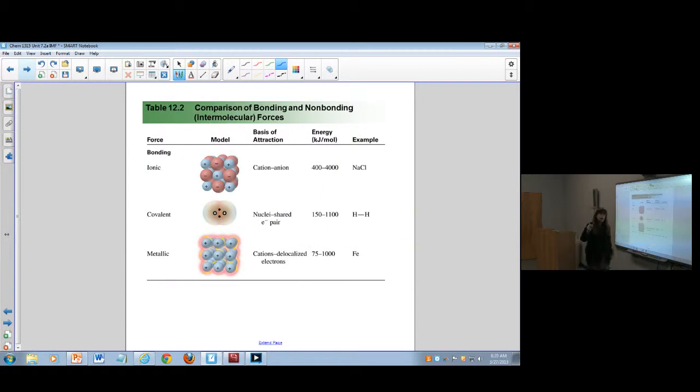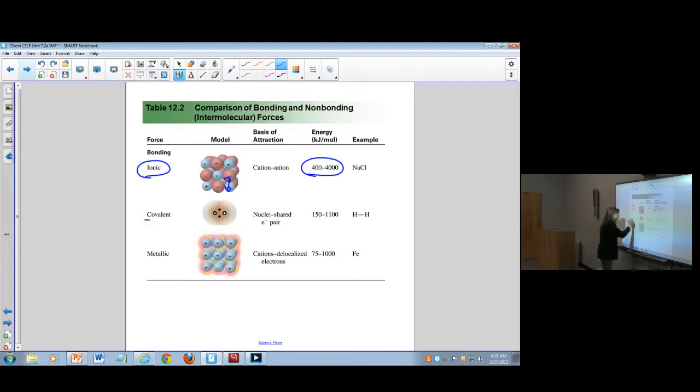Now, those bonds inside of the molecule that we're talking about are very strong. Okay, so we didn't look at how to calculate anything on that, but ionic bonds are very strong. They're full charges attracted to each other by the charges, and that energy is relatively high at somewhere between 400 to 4,000 kilojoules per mole.